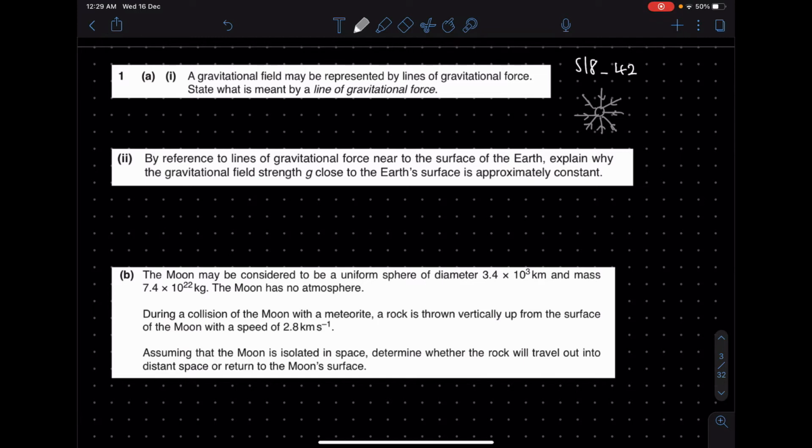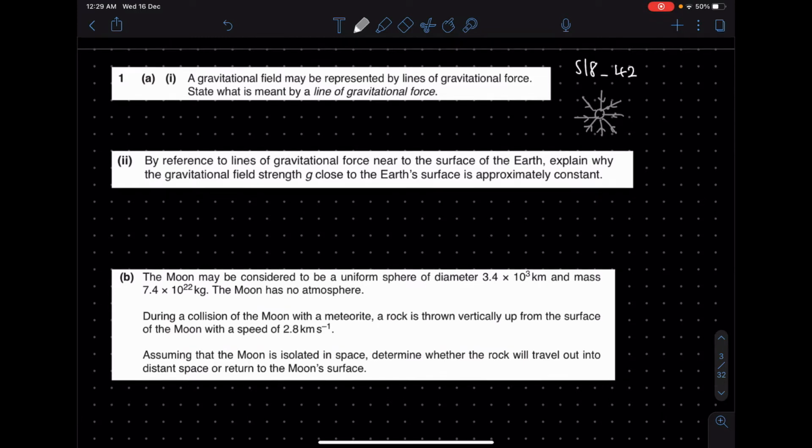So if something was in the line of gravitational force, what happened? Well, since you're in the line of the force, you would just be moved in the direction of that force, right?